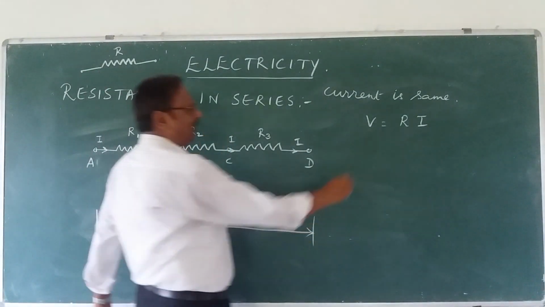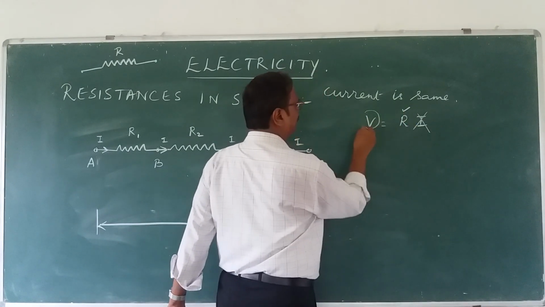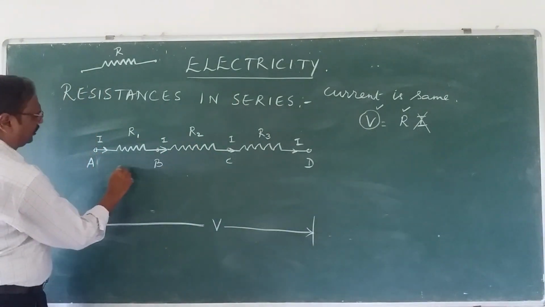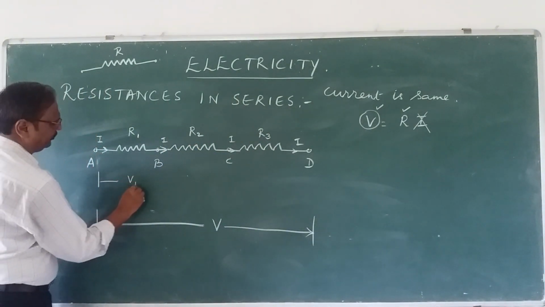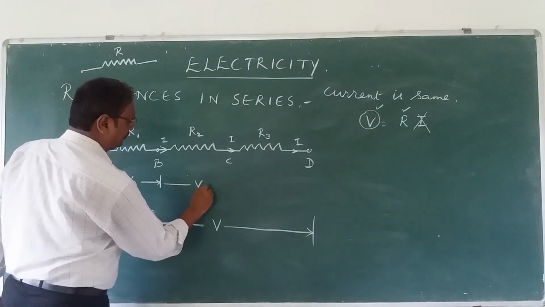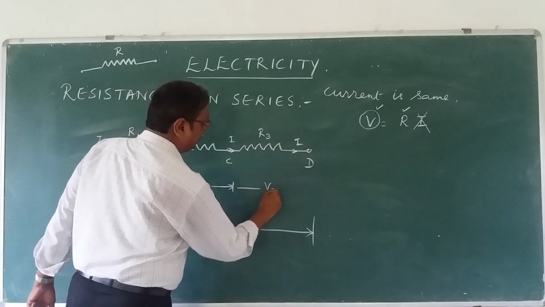So R is different but I is same, so V has to be different. It has to change. Across this, let it be V1. Across this second resistance, let it be V2. Across the third resistance, let it be V3.